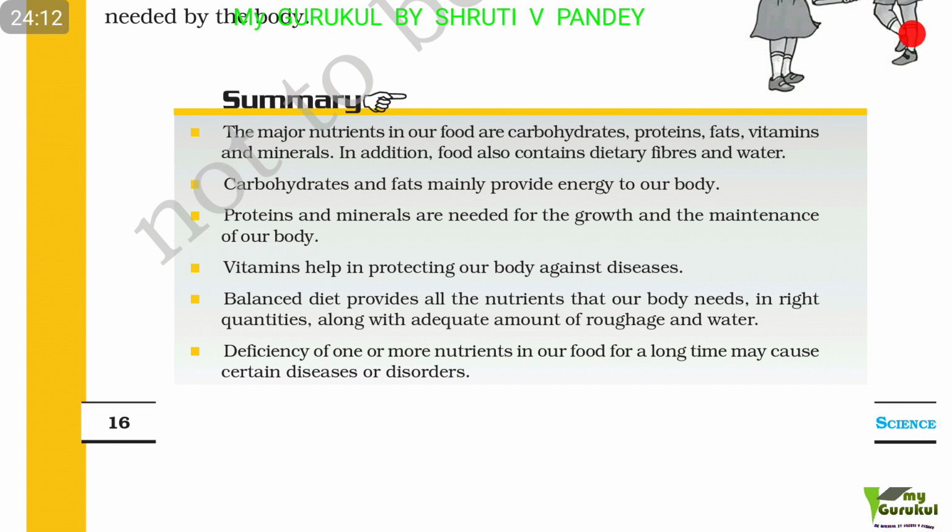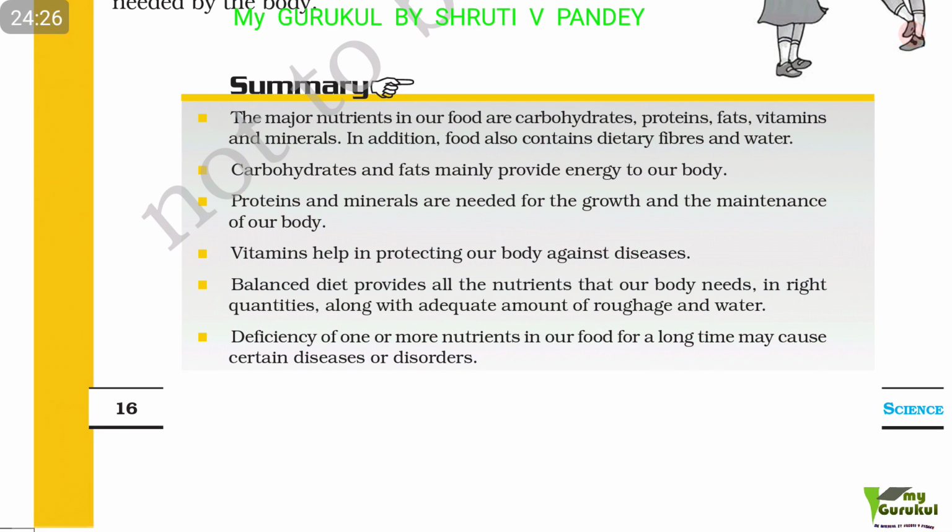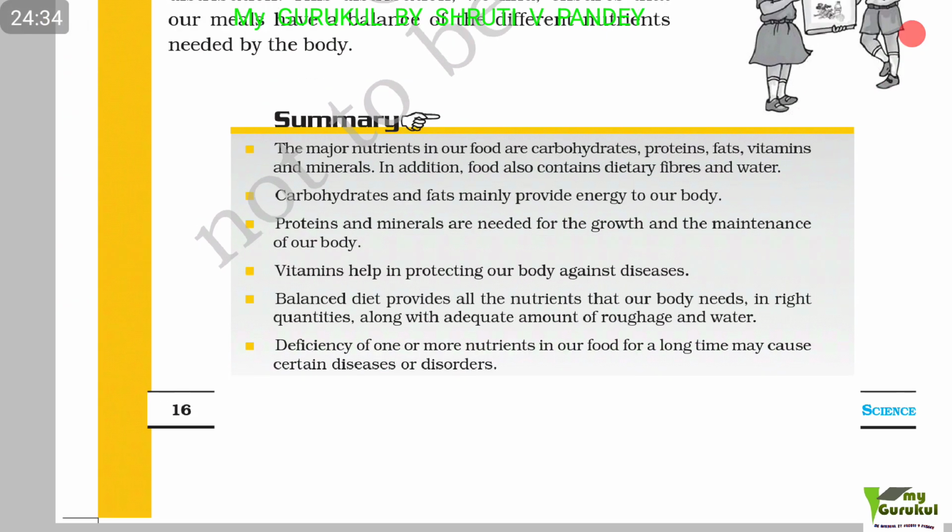Vitamins help in protecting our body against diseases. A balanced diet provides all the nutrients that our body needs in right quantities along with adequate amount of roughage and water. Deficiency of one or more nutrients in our food for a long time may cause certain diseases or disorders.